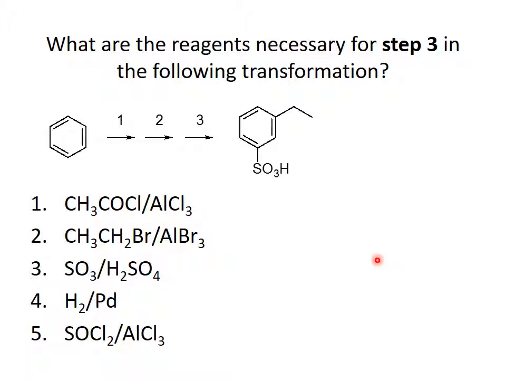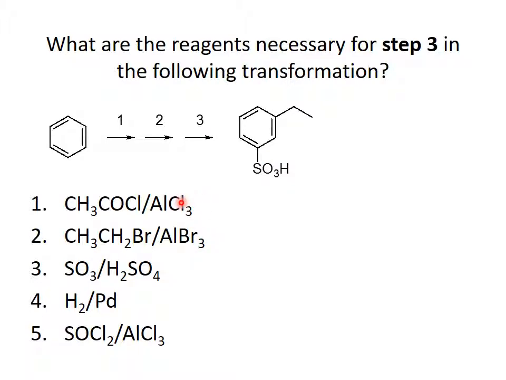What reagents do you need for the third step in this transformation? Well, you might be saying, oh gee, I don't have ESP, but you can think through what the possibilities are. You know that if you use this last, that would put a carbonyl here, so it can't be that. And I can't do this as the last step because the sulfonic acid is a deactivator that won't allow Friedel-Crafts to occur.